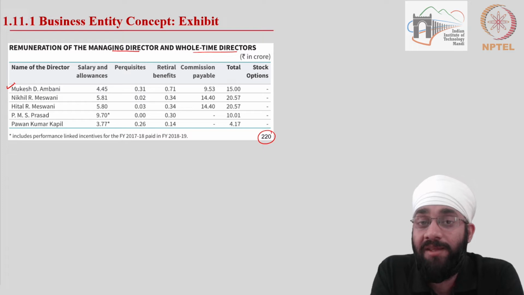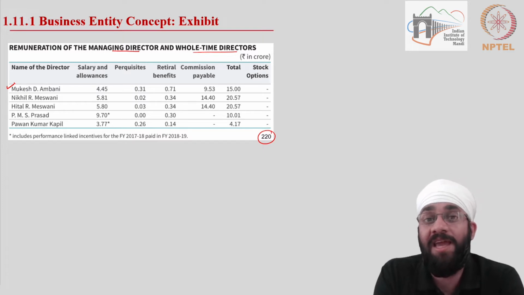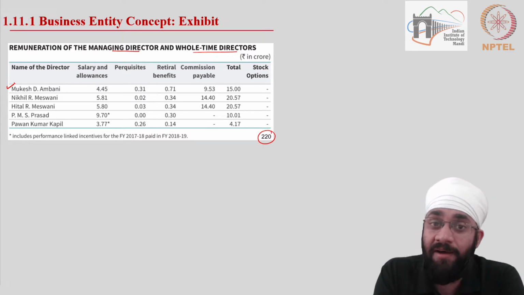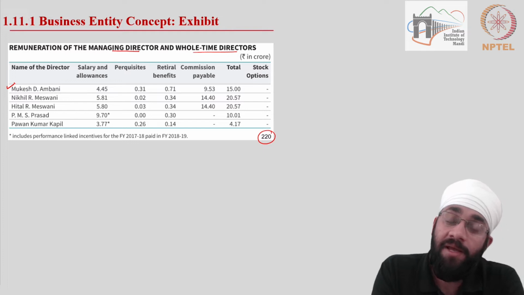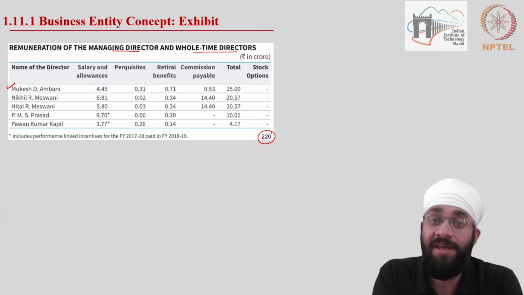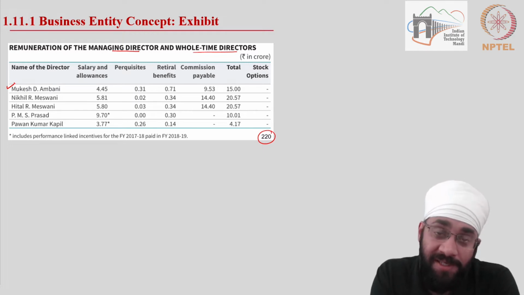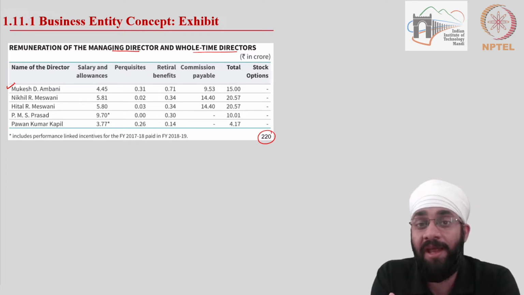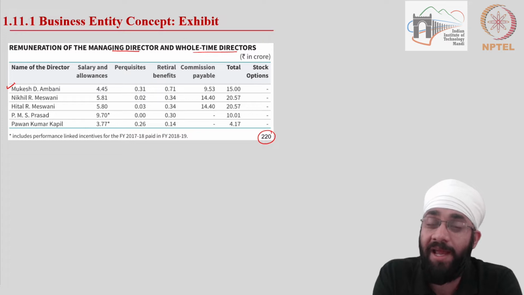So not only does the owner supply capital to the business and earn profits on that capital, in addition to that, the owner works for the business. The owner is also employed by the business, and the company can pay a remuneration for the day-to-day regular services of the owner as well.